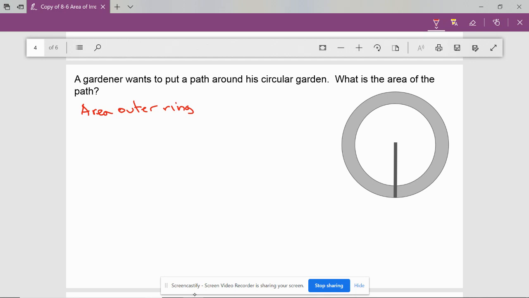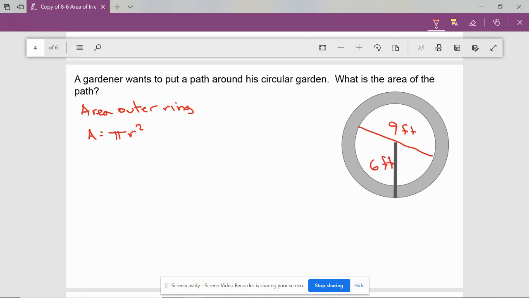That's going to equal A equals pi radius squared. I don't know why this didn't have it drawn on here, but that's 9 feet, and this is 6 feet.